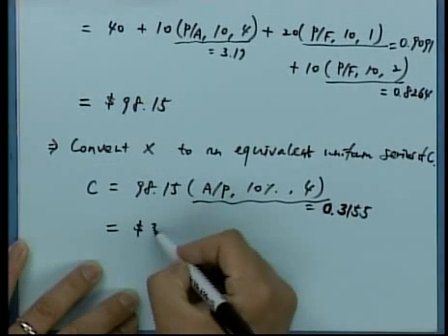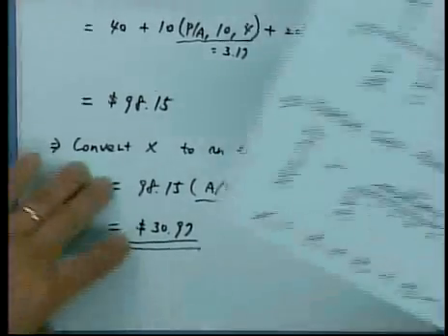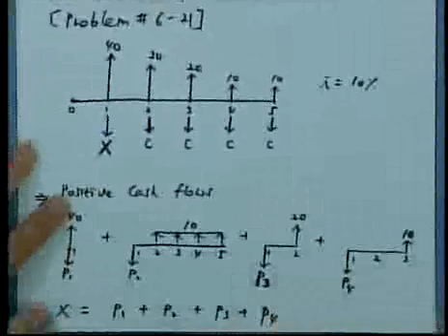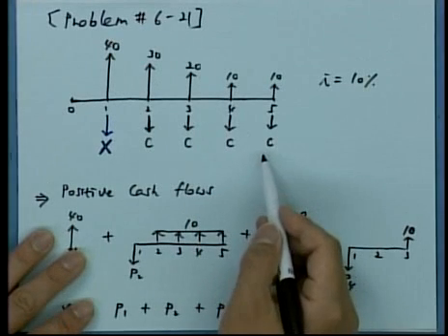It's going to be $30.97. So in this original diagram, the value of C's would be $30.97. Okay.